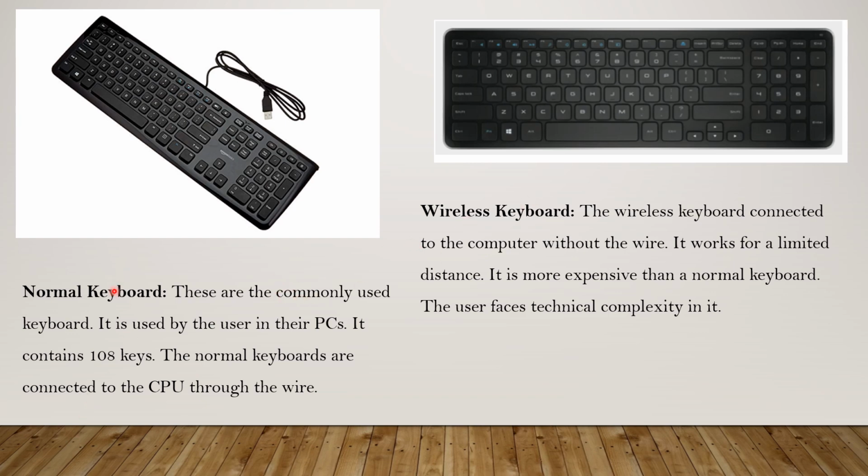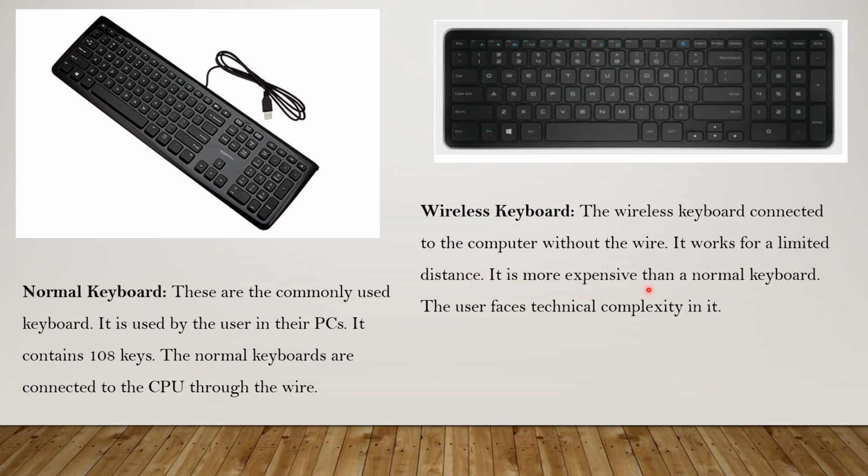The normal keyboard is the commonly used keyboard, used by users in their PCs. It contains how many keys? 108 keys, and it is connected to the CPU through a wire. Whereas a wireless keyboard is connected to the computer without a wire. It works for a limited distance.